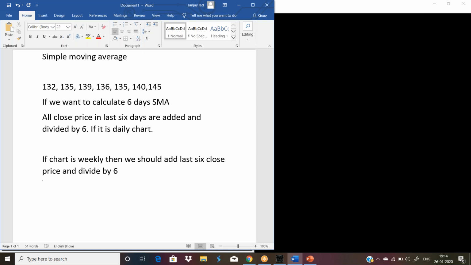And if you want to take it on a monthly chart, then we should add the last 6 close prices of the monthly chart, monthly close, and divide by 6.